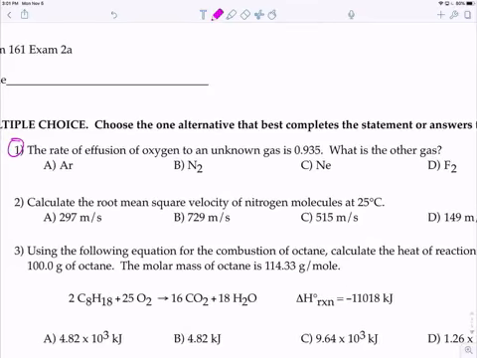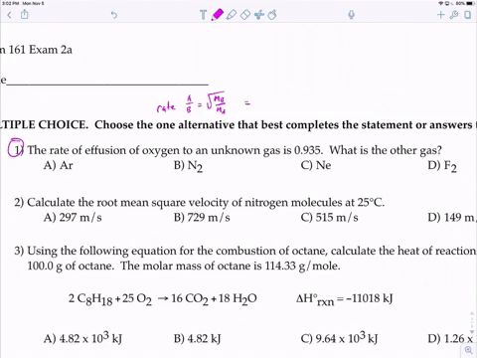The rate of effusion of oxygen to some unknown gas is 0.935. What is the unknown gas? You use Graham's law of effusion, where the rate of A over B is the square root of the molecular weight of them as such.